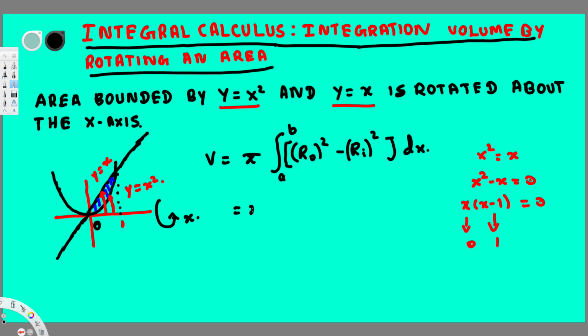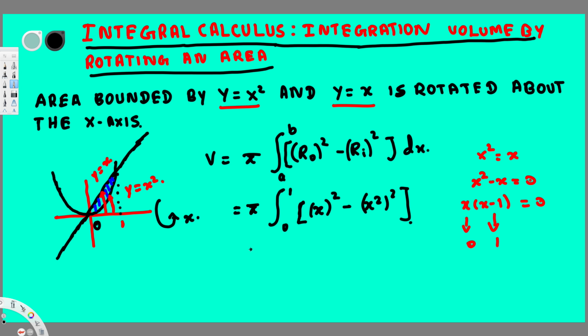Now we can go ahead and solve this question. So this is going to be pi integration going from 0 to 1. Outside radius, we know that is x, y is equal to x. So all we have to do is just plug the x right here. And outside radius squared minus inside radius, that is x squared, squared, right?